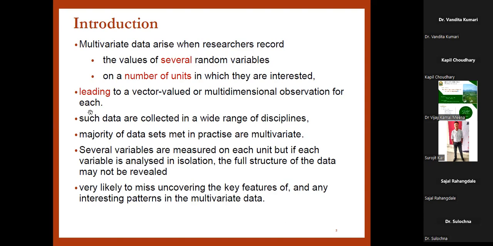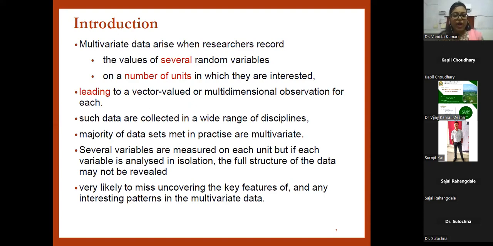This will lead to a vector valued observation. Vector valued observation means we will have several units and several random variables on which the data is being collected. The majority of the data sets which we find in practice are multivariate in nature.